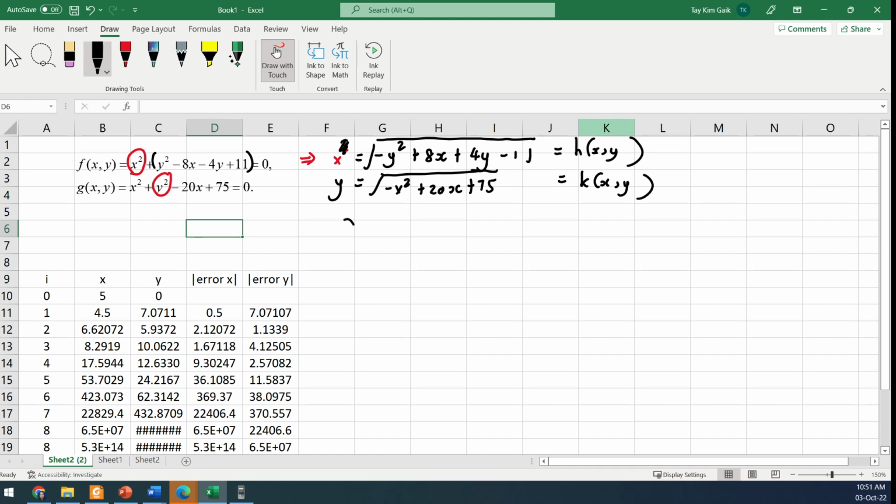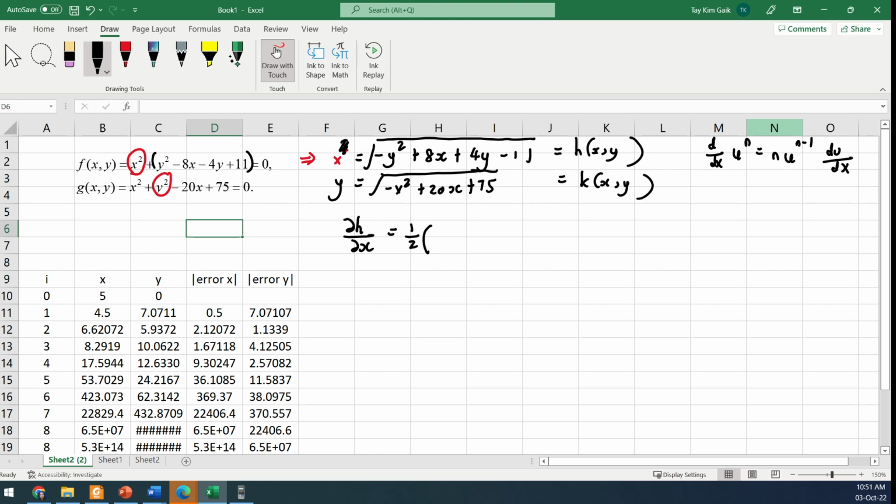If you want to find del h del x, differentiate with respect to x. The square root gives power half. Recall that d/dx of u to the power n is n u to the power n minus 1 times du/dx.